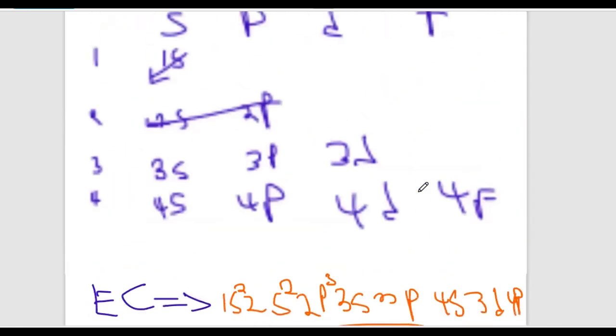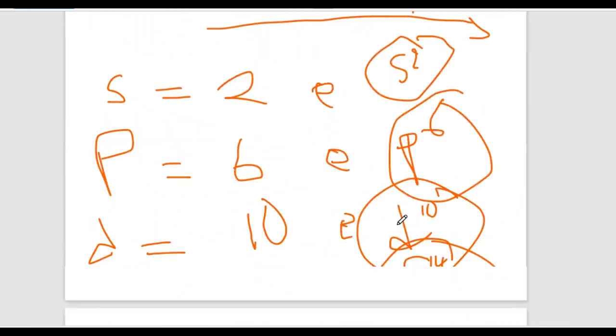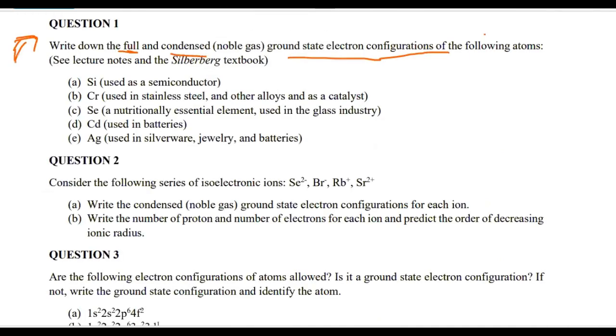So now that I've given you an overview here, we can simply find the electron configuration of whatever we are given there. So here you can see that it says write down the full and the condensed noble gas configurations. Here we have Si. Si is silicon.